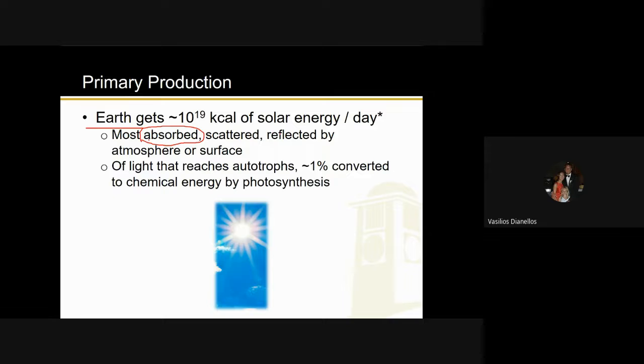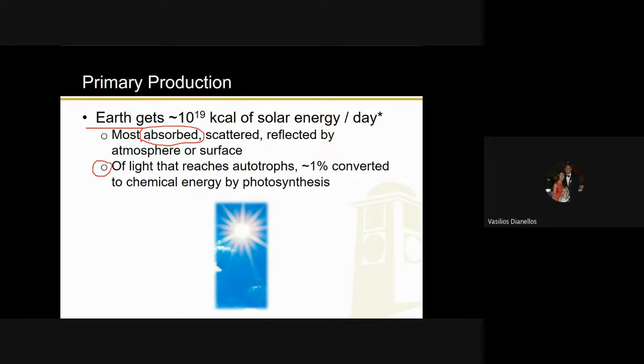Obviously, scattered and reflected just make sense. If you look at a green plant, remember, all the light is being absorbed other than the color green, which has been reflected. But anyway, the point is, most of it is not put to use, but some of it is.